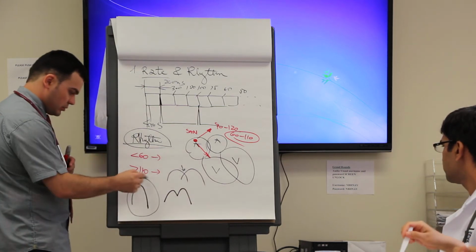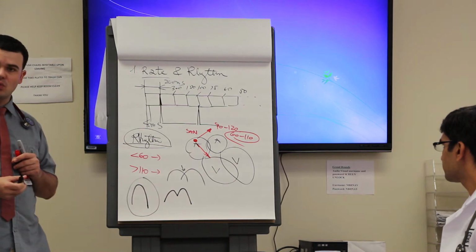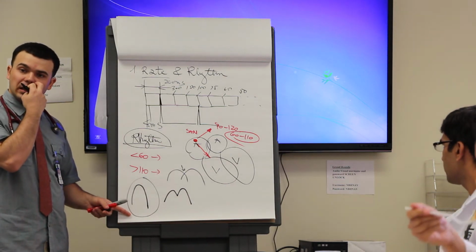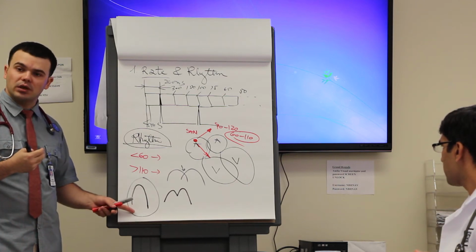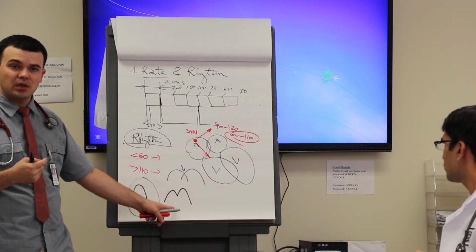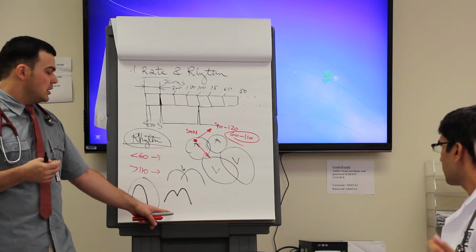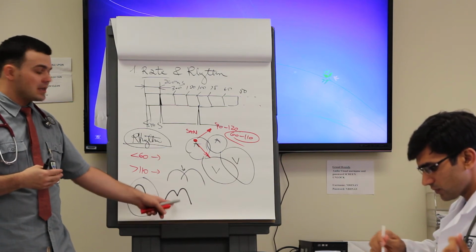If it's tall, usually more than 2.5 millimeters in lead 2, or more than 1.5 in V1, that's a P pulmonale, or the fancy name, dextrocardial, meaning that some pathology is happening in the right heart. So that's cor pulmonale. And if it's bifid like this one, you call this P mitrale, or sinistrocardial, that's the fancy name for it. And that means something is wrong in the left heart. Classically seen with what?